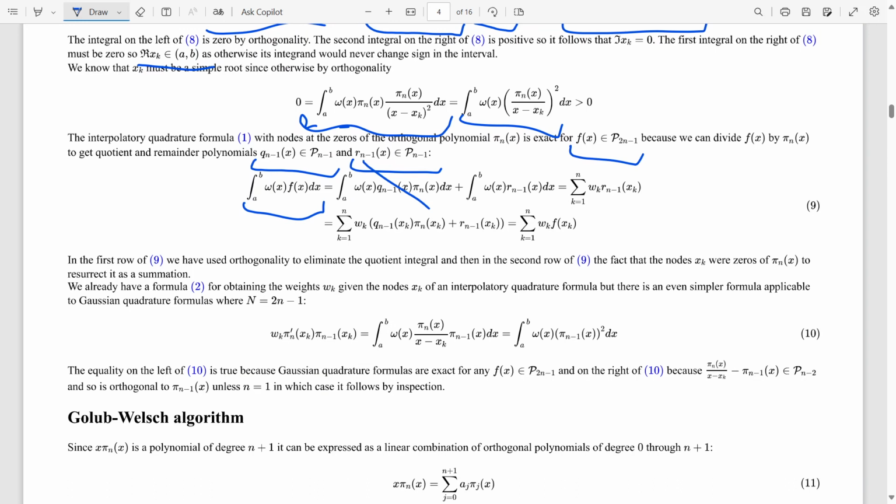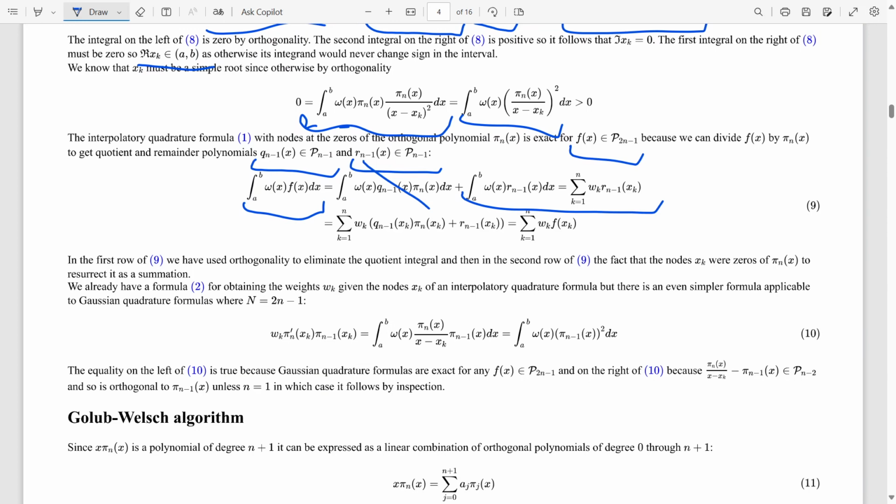and in equation 2, we showed that there is a unique set of weights w sub k that makes the quadrature formula exact, given that our formula is interpolatory.